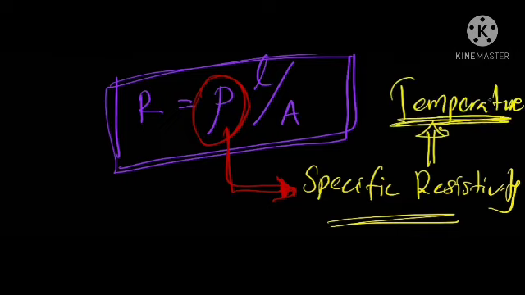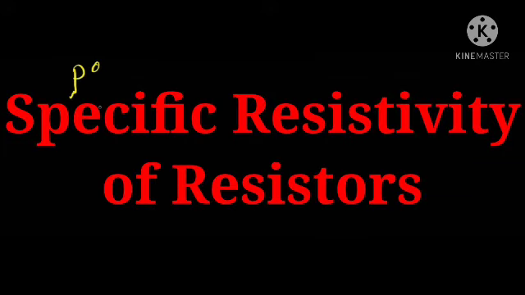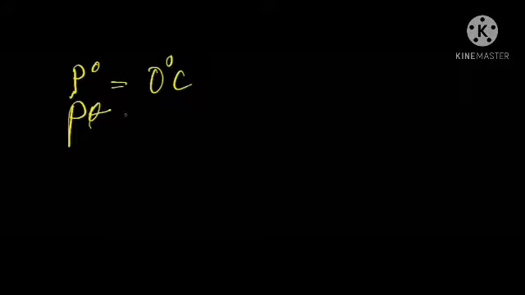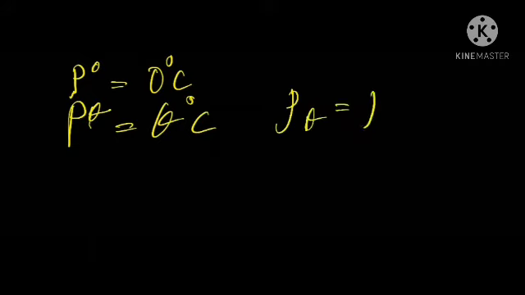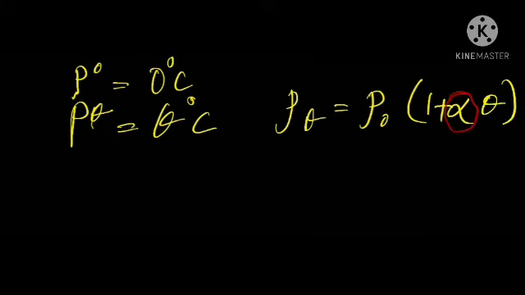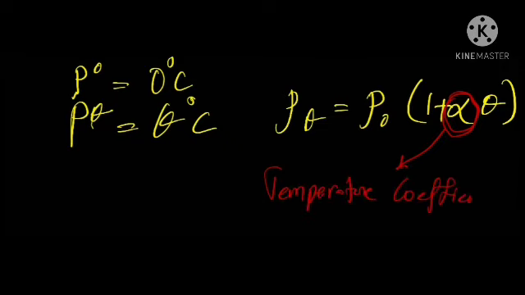So if ρ0 and ρθ are the values of resistivity of the material at 0 degrees Celsius and θ degrees Celsius, then over a temperature range we have ρθ = ρ0(1 + αθ), where α is the temperature coefficient of resistivity of the material.